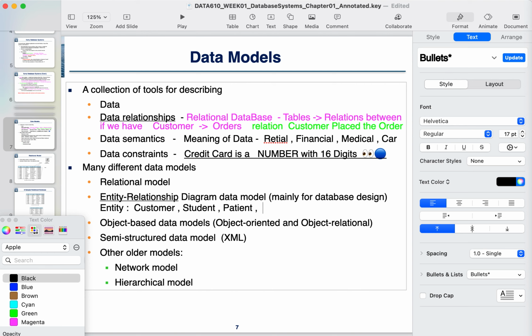It could be a product that we are producing, a car, refrigerator, music player. So it is an object of some sort. That's why it's called object-based, because this entity can be anything. That's why we call it an object.